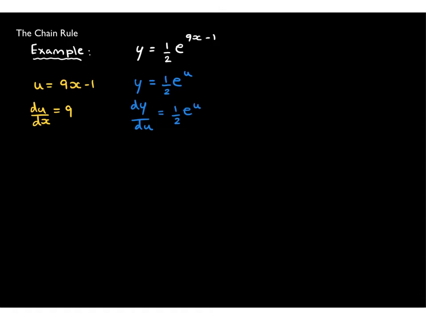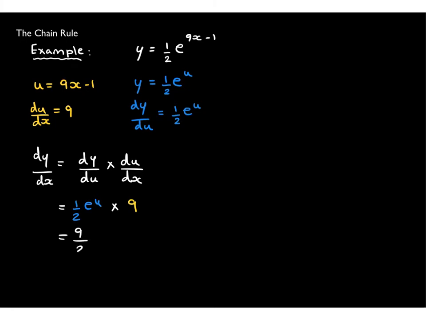So what can we now say? Well, dy by dx, according to the chain rule, is dy by du multiplied by du by dx. So let's bring in these two parts. So a half e to the u multiplied by 9, which gives us 9 over 2 e to the power of u, and instead of u, we want to feed back in e to the 9x minus 1.